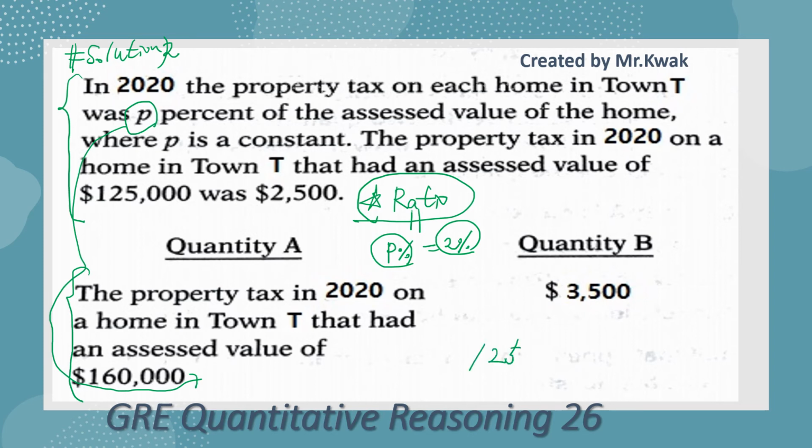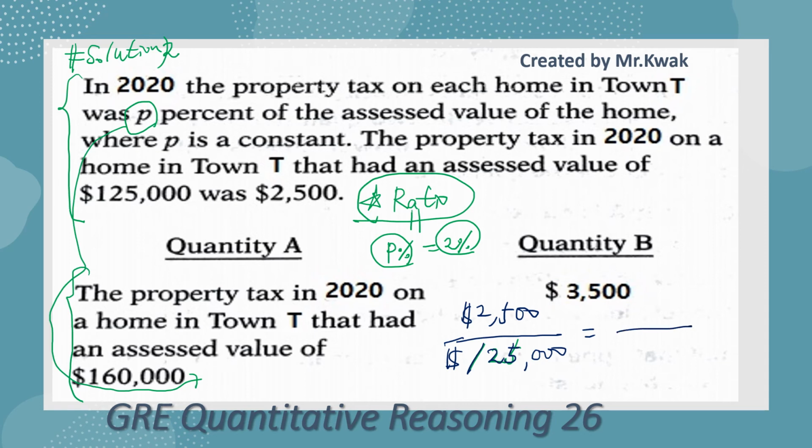First of all, from the sentences above quantity A, let's use a different color. $125,000, and then the tax was $2,500.